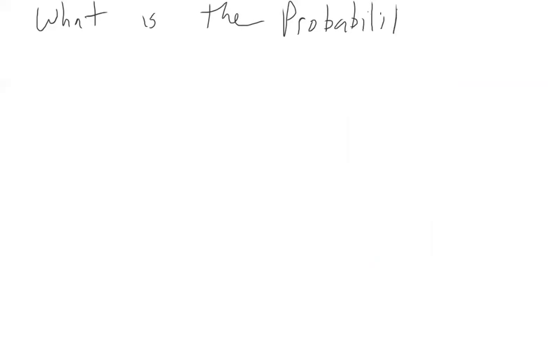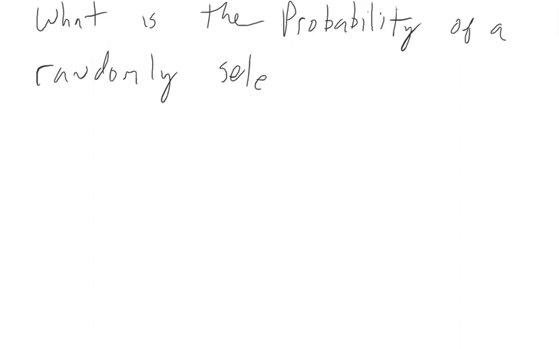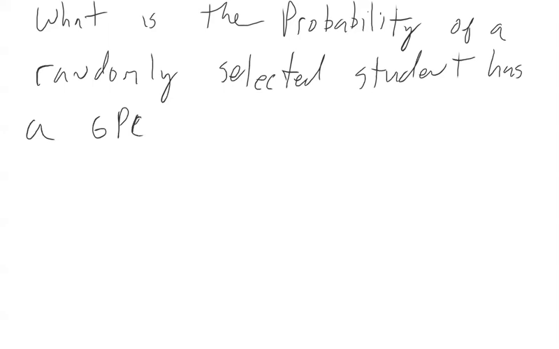All right. So if we stick to our same problem of GPAs, now I can ask, what is the probability of a randomly selected student has a GPA between, I don't remember what our mean was anymore. 3.0.